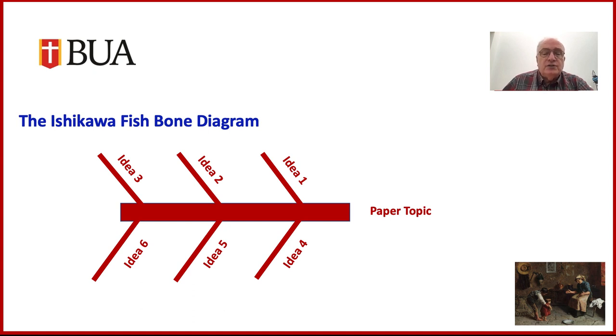So in each course, I took the group and I put up an Ishikawa Fishbone Diagram, and I gave the course topic, course name, and I said, what are the things that can be taught in this course without any idea to order? And they started giving me those things that could be taught. I put them down, and then we organized them, and we came up with specific things that were taught in the course. The Fishbone Diagram is a quick way to analyze your ideas or just capture your ideas.